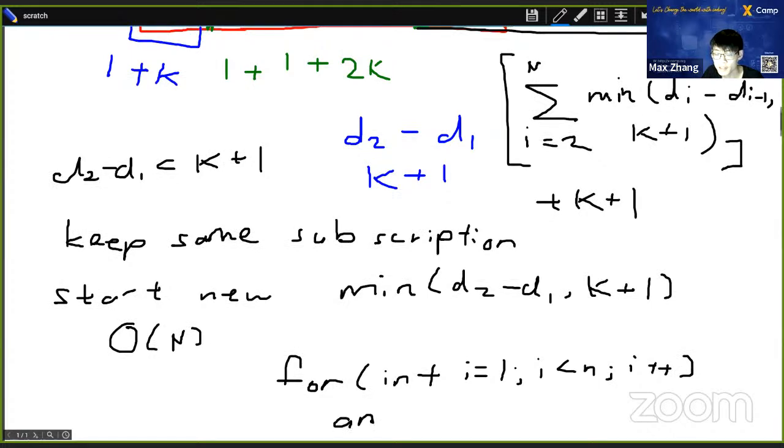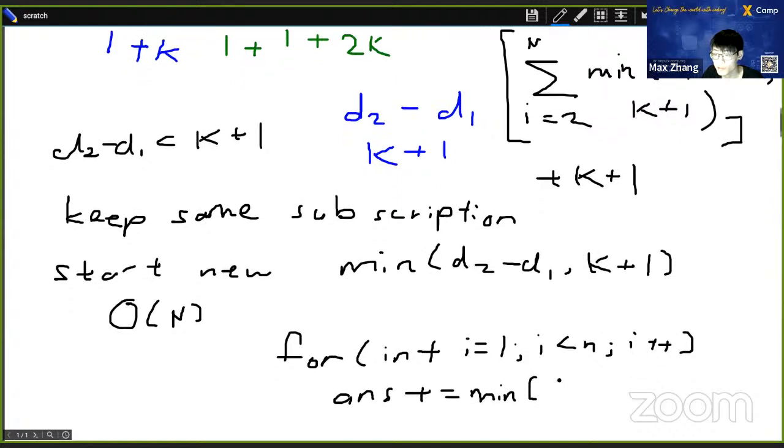We add to our answer the minimum of di minus di minus 1 and K plus 1. Initially, we have answer equal to K plus 1.